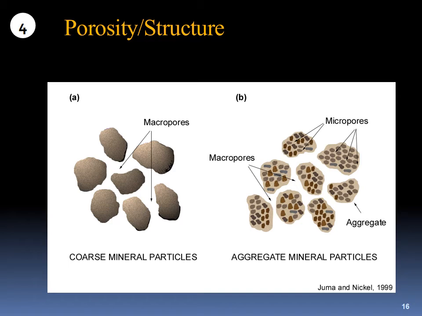In the sand particles, you don't have microporosity, you only have macropores, the spaces between the particles. In the clay aggregate, inside the aggregate you have small particles, and between them you have the microporosity, and between each aggregate and another you have spaces, and these are called the macropores.